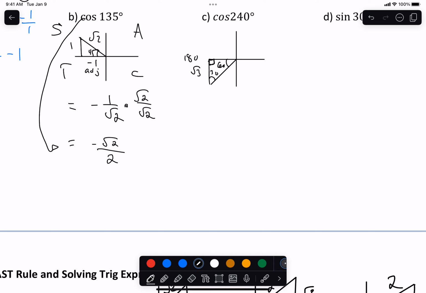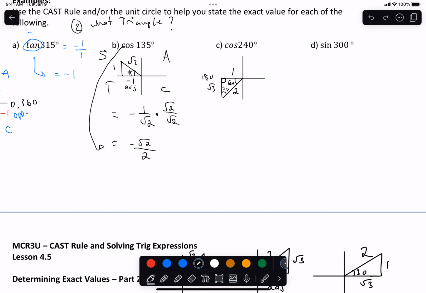And so we always put the hypotenuse, or the biggest side length, 2 in this particular triangle, opposite the biggest angle. Then the smallest angle goes opposite the smallest side length, which is 1, and the middle angle goes opposite the middle side length.